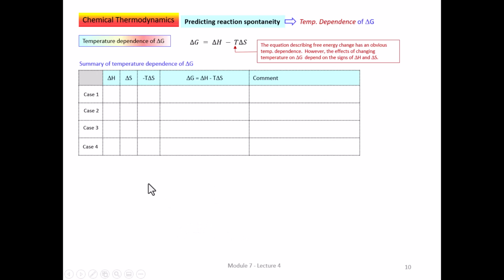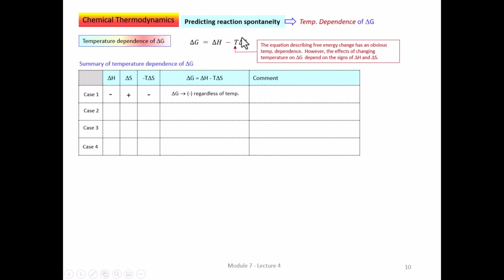So for example, let's suppose in case 1 we have a negative deltaH and a positive delta S. Well, that means the minus T delta S term will be negative, and that means that no matter what the temperature is, deltaG will come out negative. Well, again, why is that? A couple different ways we can look at it. Let's look up at this equation. If deltaH is negative, that's great.